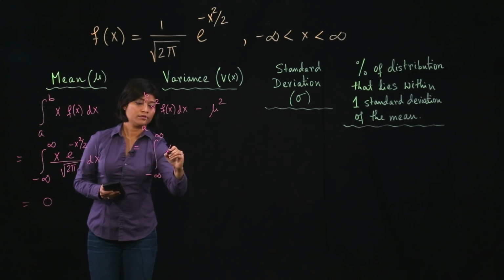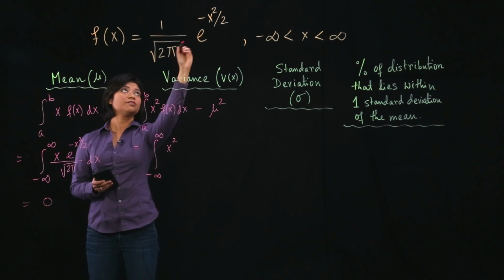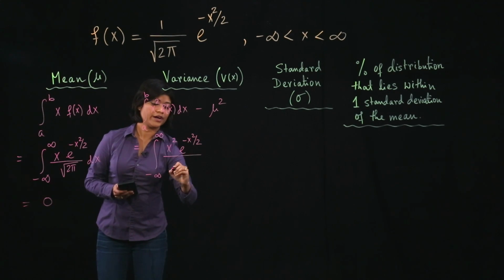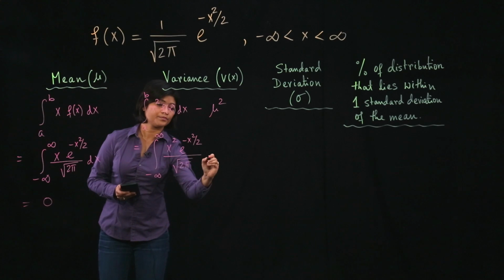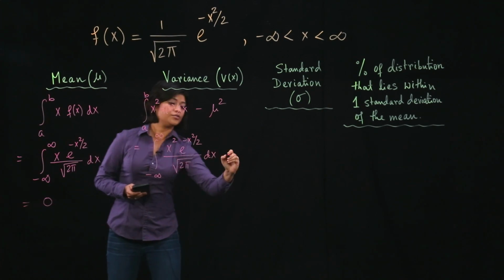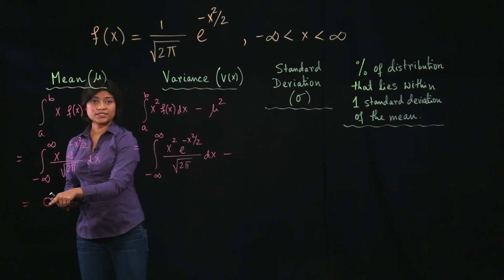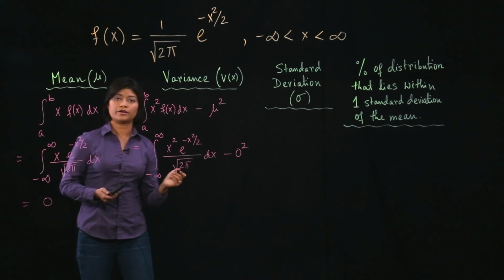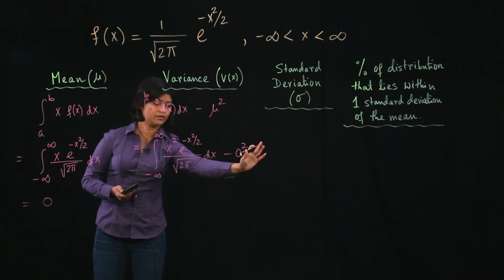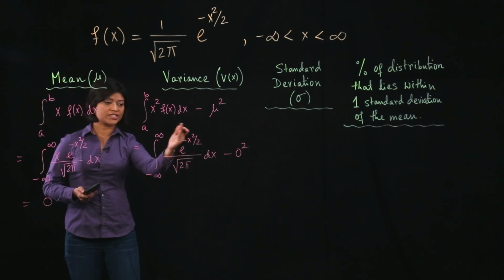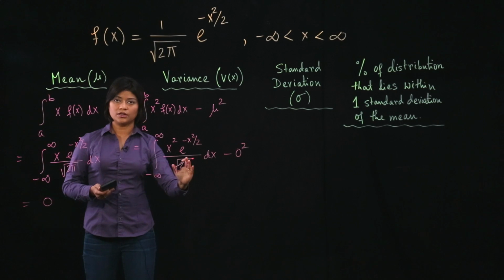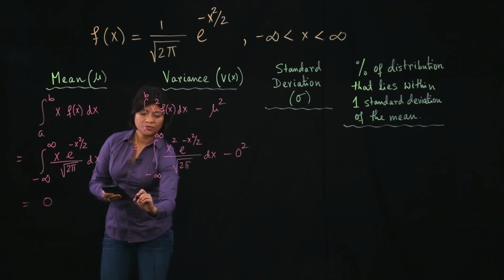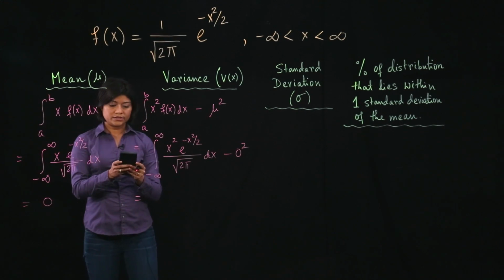And then x squared times the function. So e to the negative x squared over 2 divided by square root of 2 pi dx. And you subtract mu squared. Mu is 0, mean is 0. We just found that. So this is just 0 squared. So you will not have anything extra here. This goes away. So all you have to do is plug in this integral in your calculator and then figure out the answer.